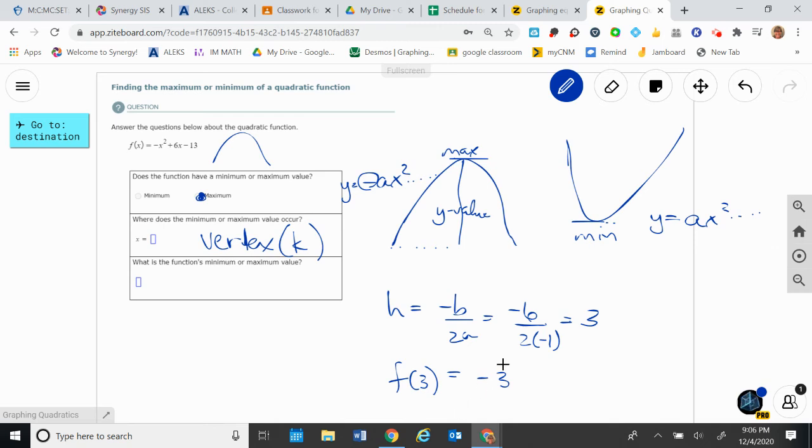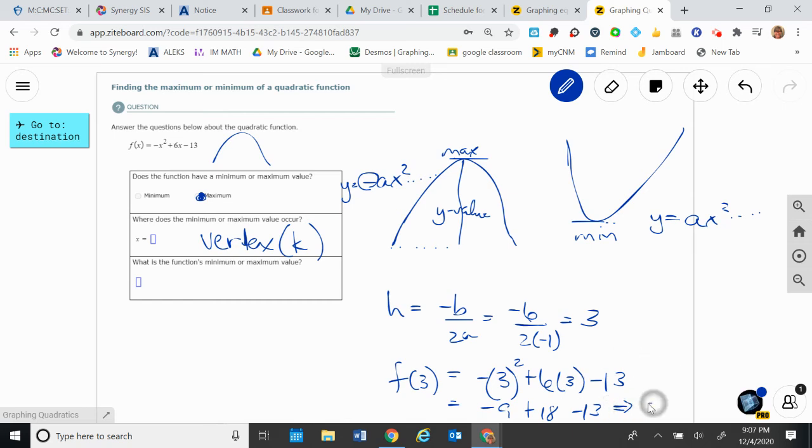Do not put it in parentheses with the negative; the negative is not part of x. Plus 6 times 3 minus 13. That's negative 9 plus 18 minus 13, which is negative 4.